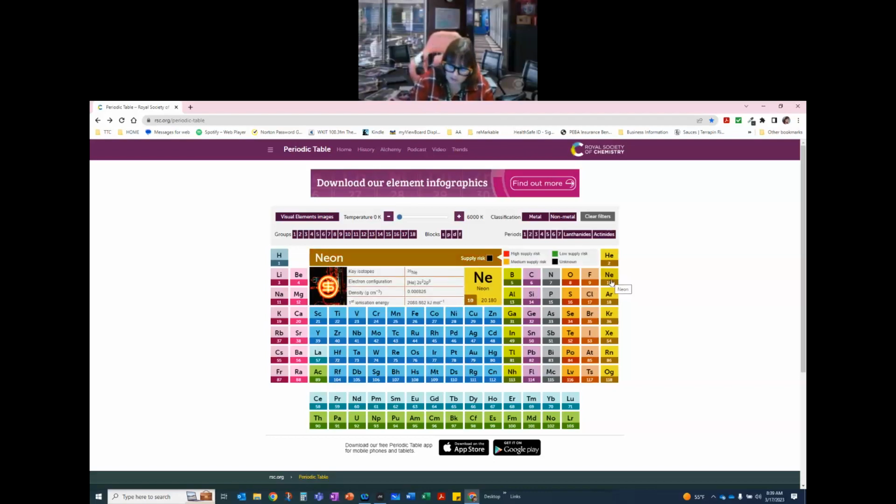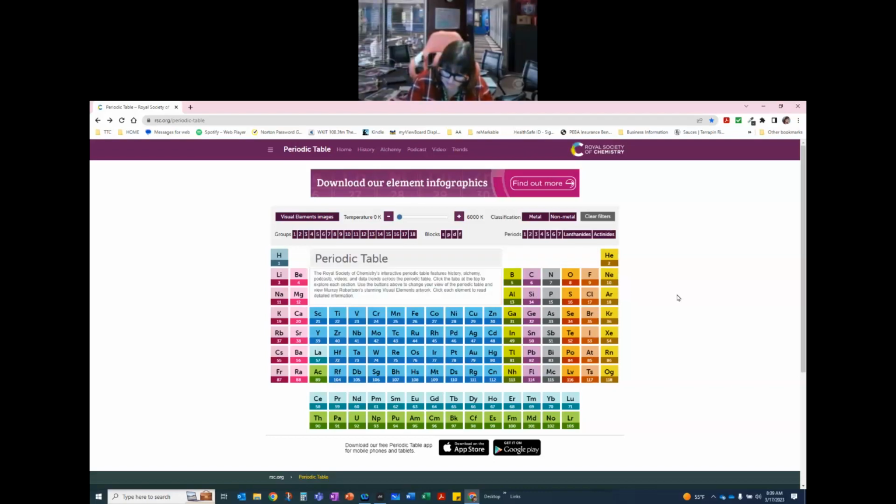It's the same core as that neon, and then we're adding a 3s1 past that. So that's a shorthand notation that we sometimes use because we know it's exactly the same as that noble gas before it. So we can use that noble gas notation to indicate that it's got that core, but then we have these things after that. Okay, so my Mg would then be that neon core, and then a 3s2.